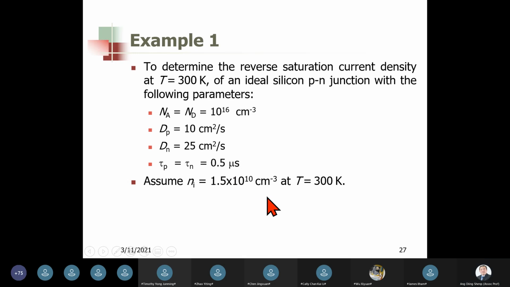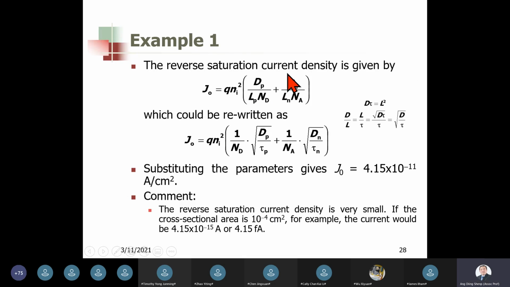To do that calculation is quite simple. All you need to do is determine L_P. Instead of calculating L_P explicitly, we can re-express this by noting the definition of L, the minority carrier diffusion length, L_P or L_n.